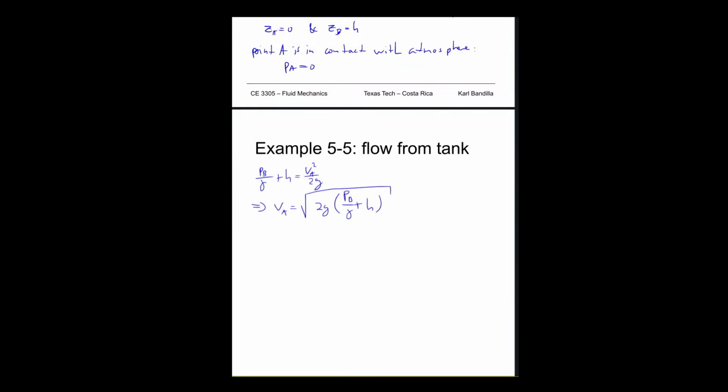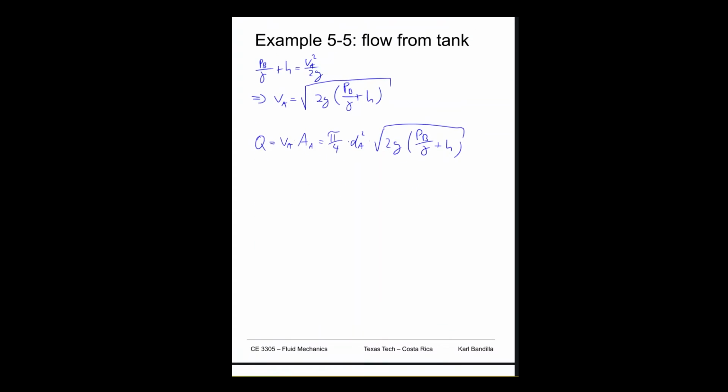And so that means we can then say our Q, our volumetric flow, that's just going to be VA times AA. AA is another circular outlet, so pi over 4 times dA squared times the square root of 2g times PB over gamma plus H. And all of these are known to us, so we can just plug all that in.